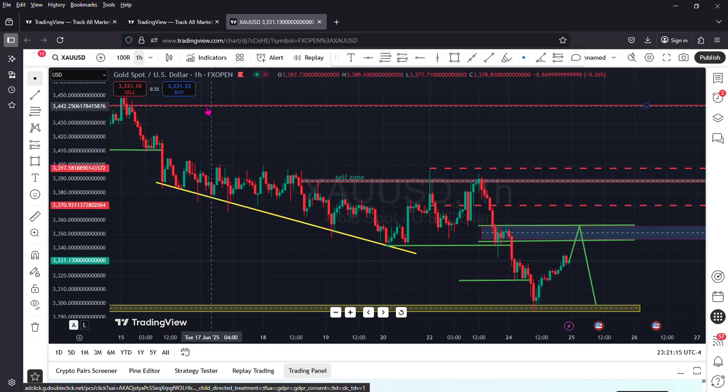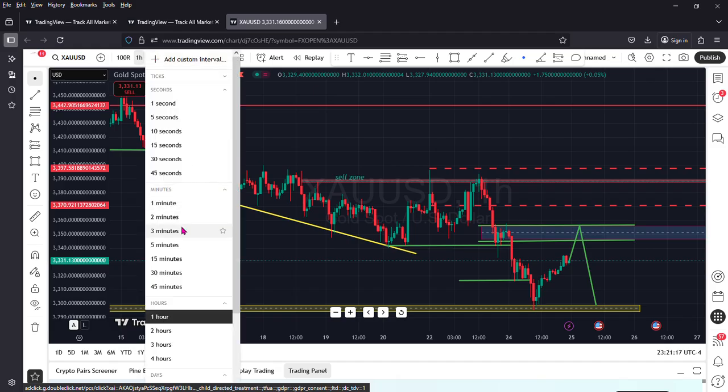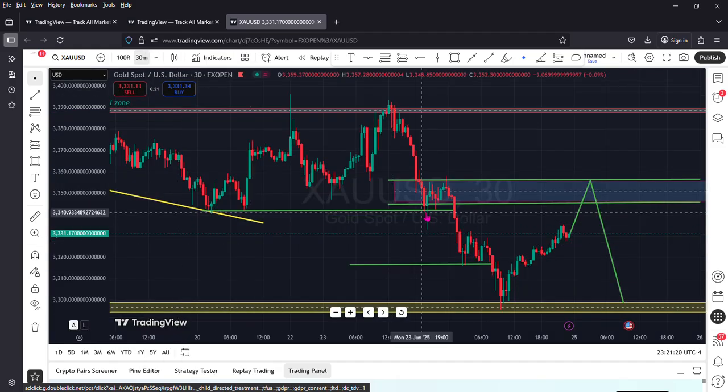So in our lower time frame, 15 minutes or 30 minutes, we can see that the market is creating higher high, higher low, higher high, higher low. So it is also going to create another higher high. When it comes to this zone, we want to see something like lower high, lower low, lower high, lower low, before we can enter.